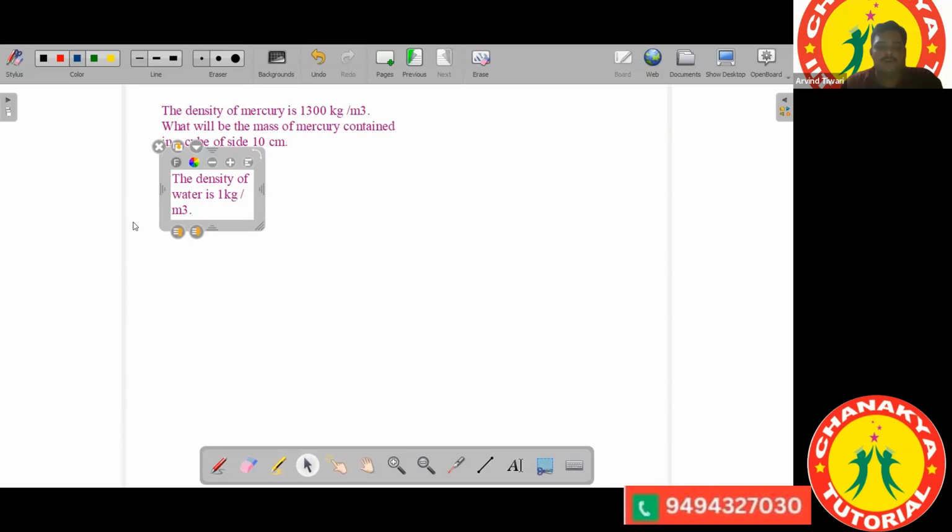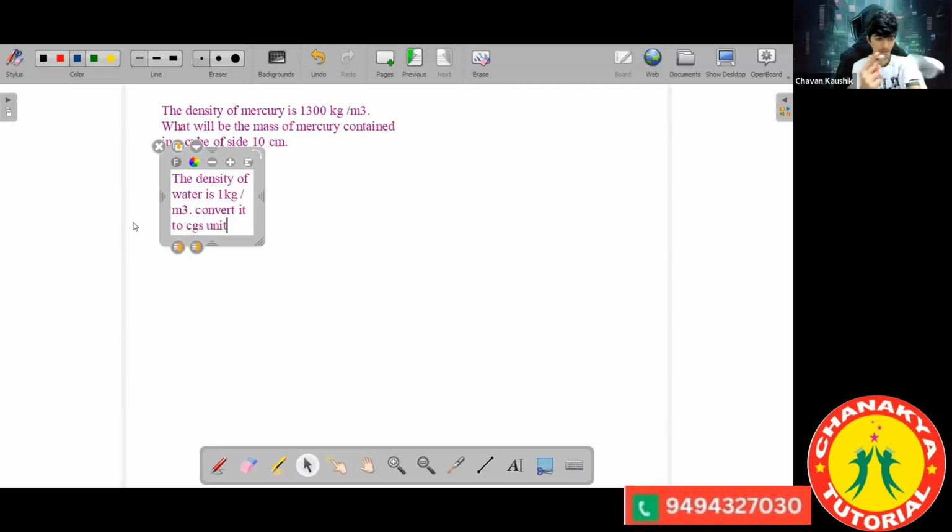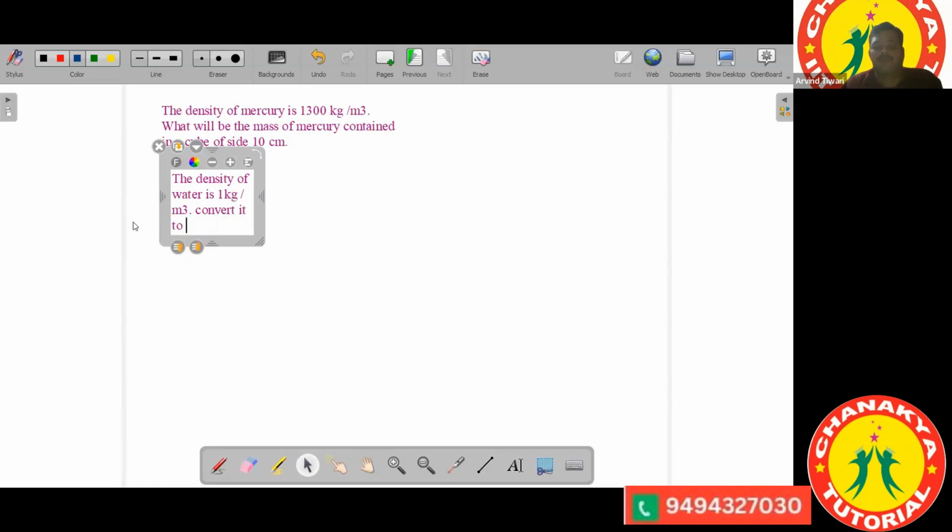Okay. Convert it to CGS unit. CGS means gram per centimeter cube. You need to convert it to gram per centimeter cube.